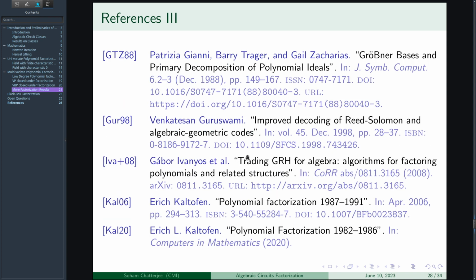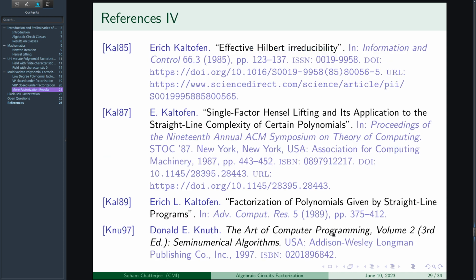Here you have a paper relating the general Riemann hypothesis with factoring polynomials, and the Berlekamp algorithm that is mentioned in great detail in Donald Knuth's book, The Art of Computer Programming, Volume 2. You can see that it's very well written there.